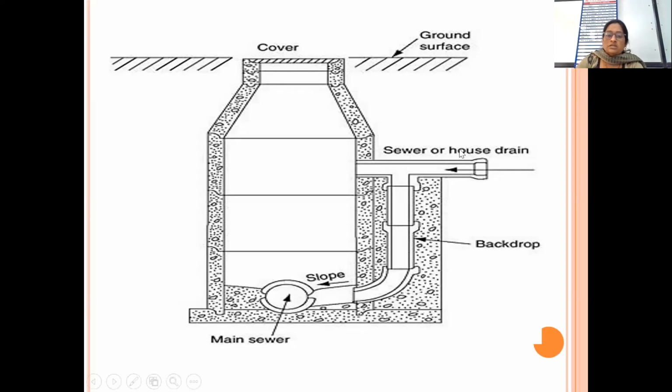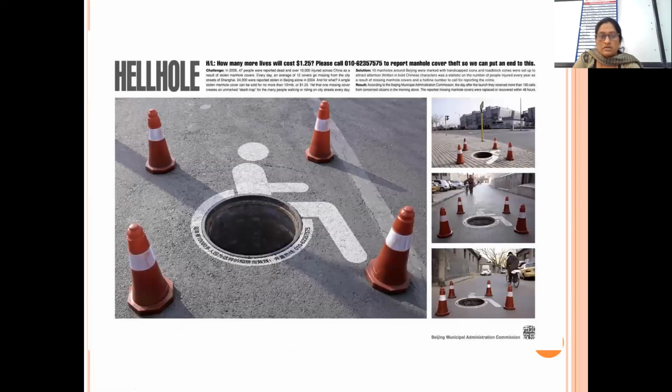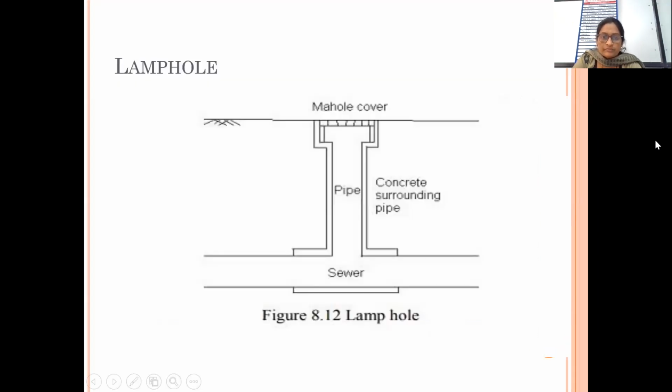Some small pipes may get connected to this sewer line. Whenever you are going for maintenance, you need to take such kinds of safety care, otherwise it may create a problem.